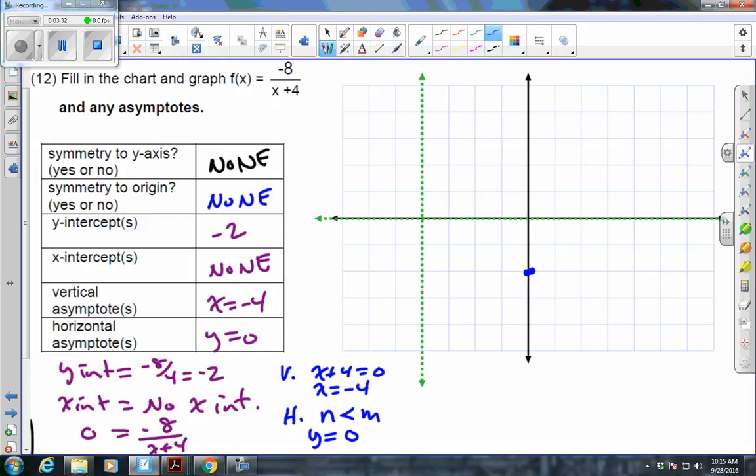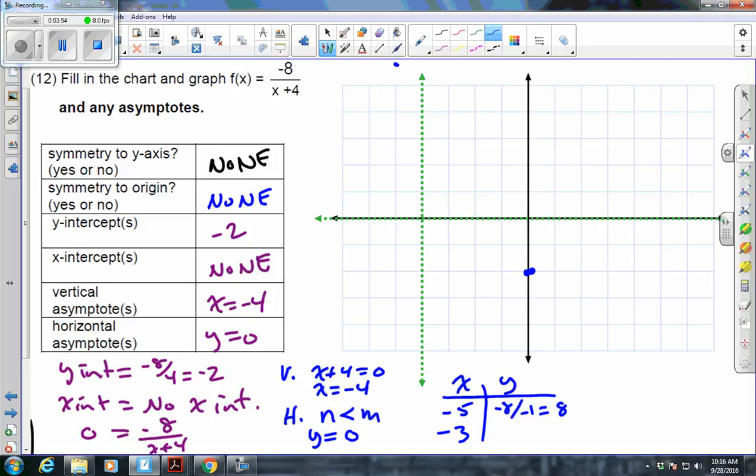So now we've got to plot a point, so let's test at negative 5 and negative 3 just to test it out. Negative 8 divided by negative 5 plus 4 is going to be negative 8 divided by negative 1, or 8.